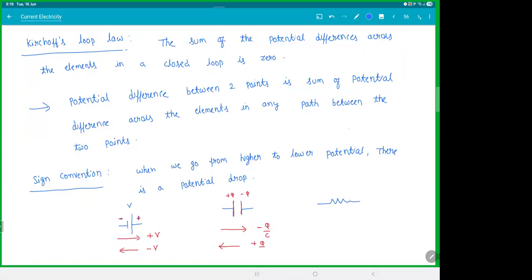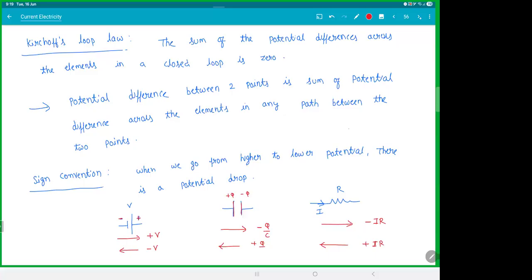If you have a resistor, how will you write the sign convention? Current always flows from higher to lower potential. So if you go in the direction of the current, potential will drop: minus IR. If you go opposite to the current, potential will increase: plus IR. That's the only thing there. Please have a look at this once. Voltage law is the loop law.